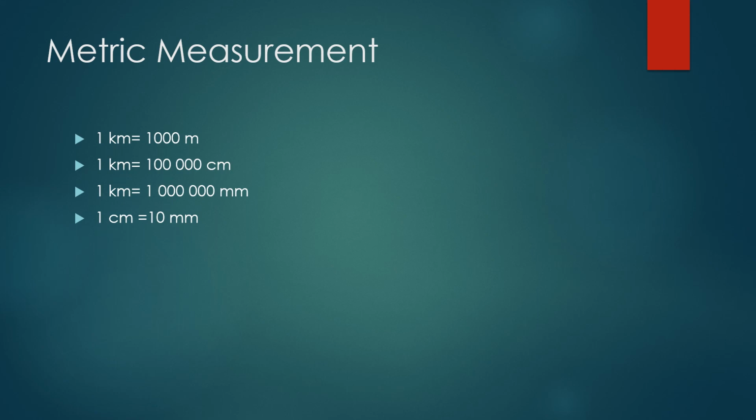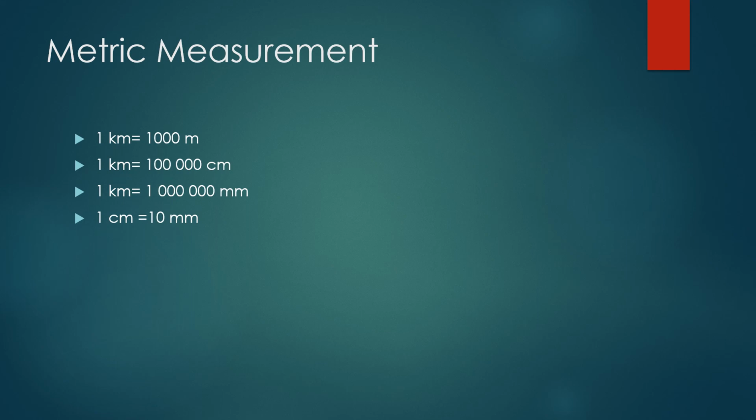We must know this because we'll be converting a lot, especially when we are working with number scales. 1 kilometer equals 1,000 meters, because kilo means 1,000, and 1 kilometer is 100,000 centimeters. 1 kilometer is 1 million millimeters. 1 centimeter equals 10 millimeters. So now we are done with that.